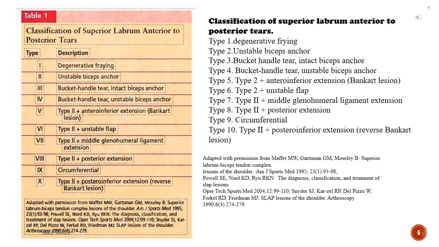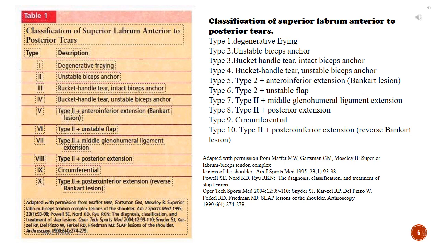Table, adapted with permission from Maffet M.W., Gartsman G.M., Moseley B., Superior labrum biceps tendon complex lesions of the shoulder. American Journal of Sports Medicine 1995. 23-1. Pages 93 to 98. Powell SE, Nord KD, Ryu RKN, the diagnosis, classification, and treatment of SLAP lesions.